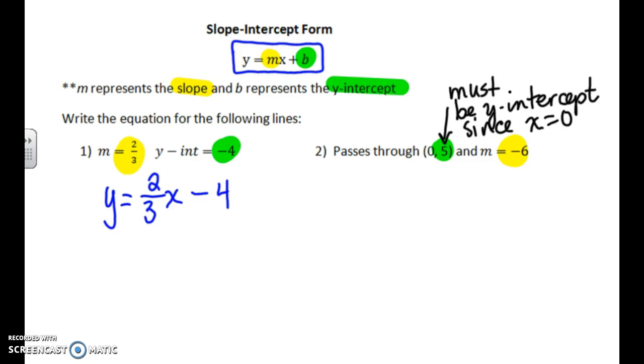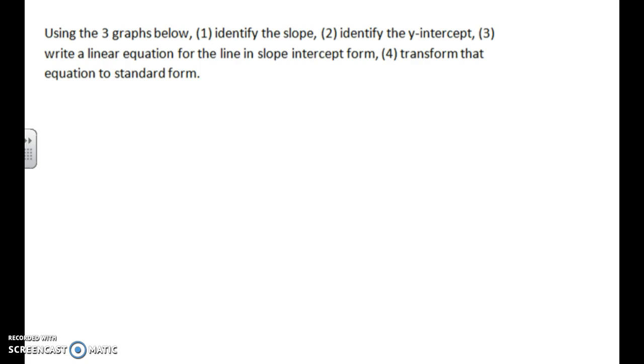So from there, we can just go ahead and write our equation. And then that one's done as well. So make sure you pay attention to that. If x is 0, then the other number is your y-intercept.